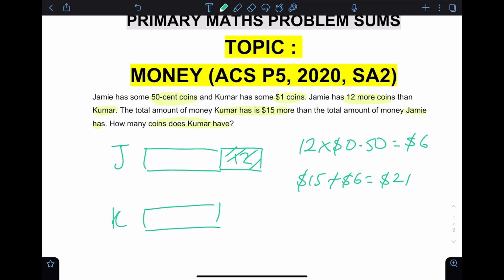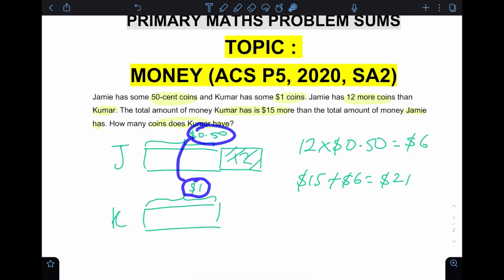Okay, now with this $21 more, it means that Kumar and Jamie now have exactly the same number of coins. Bear in mind, Kumar's coins are all $1 coins. Jamie's coins are all 50-cent coins. Alright, so if for example, Kumar only has 1 coin, Jamie will also have 1 coin.